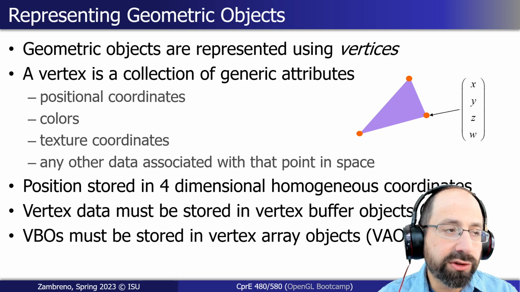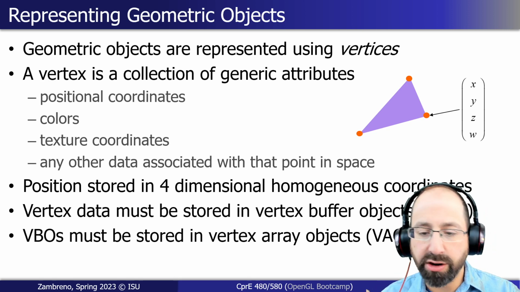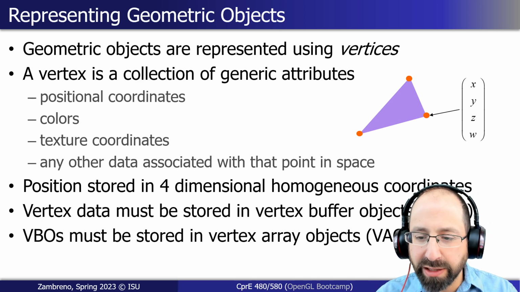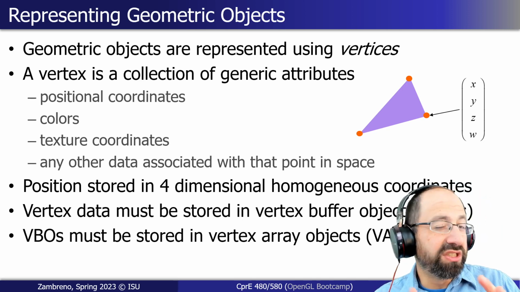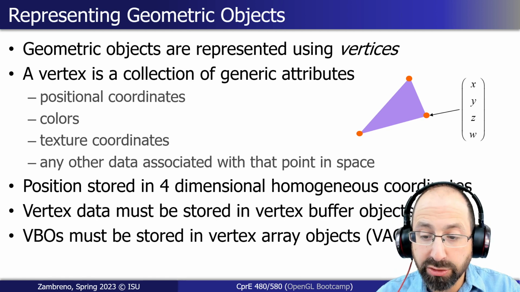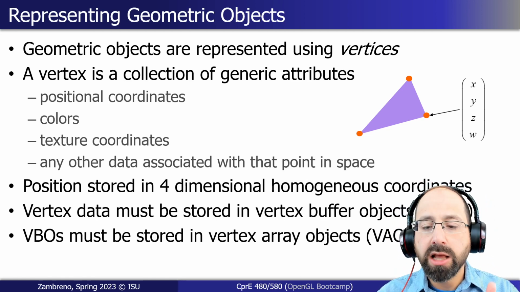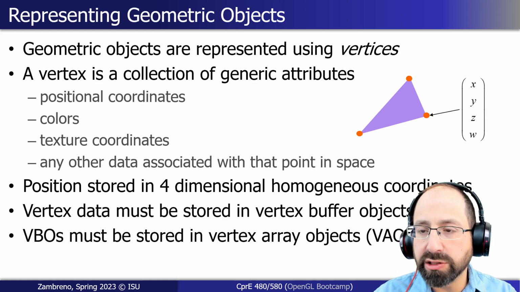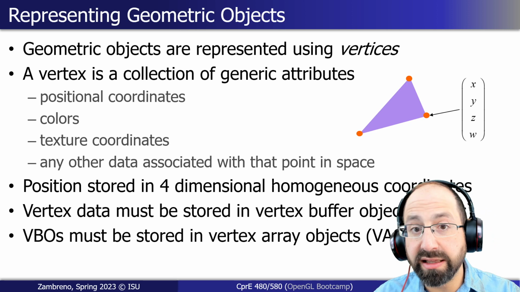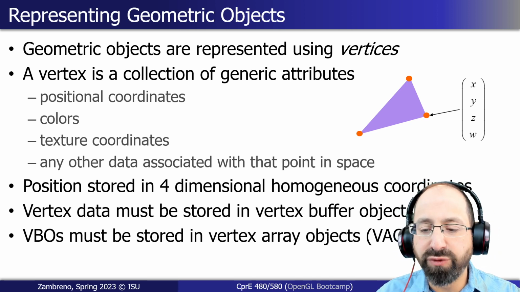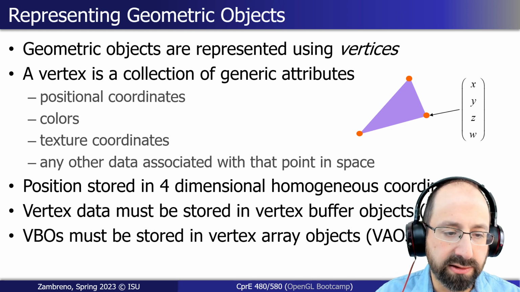Those other data values could represent things like, I already mentioned, color, normals or other reflection information needed for lighting, maybe additional coordinates that don't correspond to a three-dimensional space but correspond to the texture coordinates used for texture mapping.